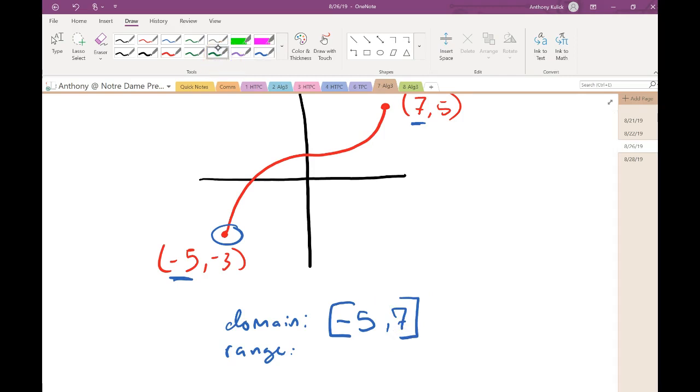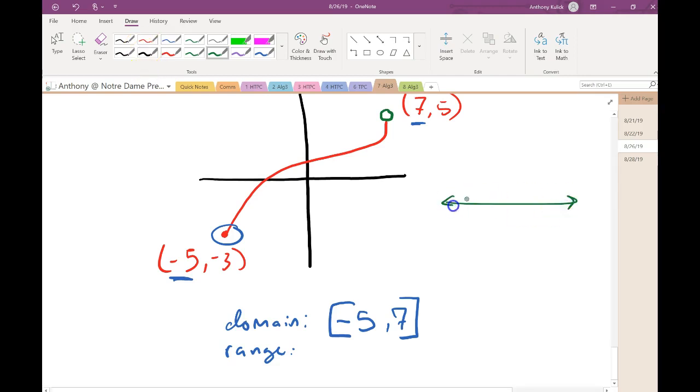Now your natural question would be, what would it look like if I wasn't supposed to use a bracket? Instead of having a dot that was filled in, we'd have an open point like this. And what we're doing there is borrowing the notation that if we wanted to graph x is greater than 5 on the number line, remember we used an open circle on the number line to indicate that 5 wasn't included.